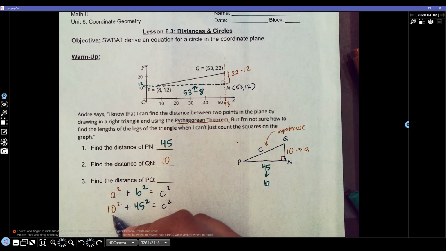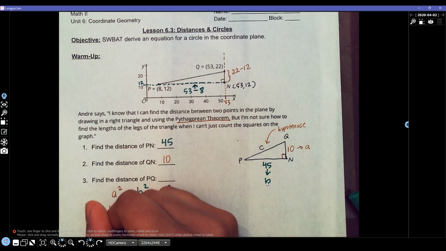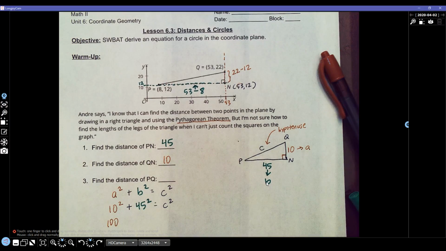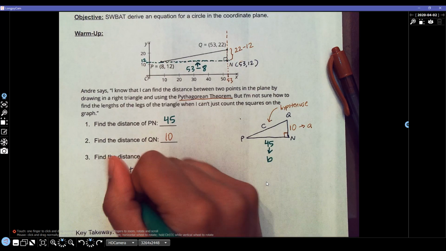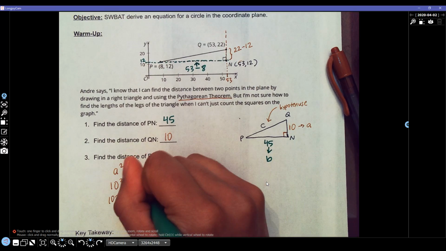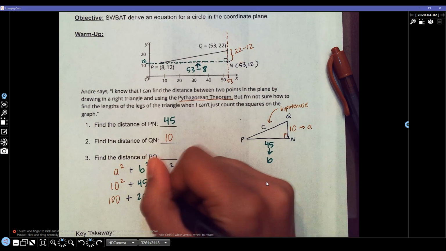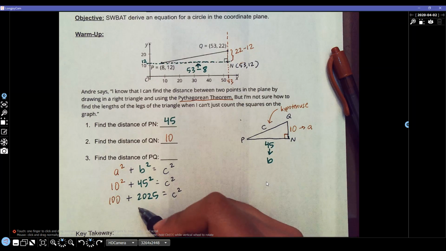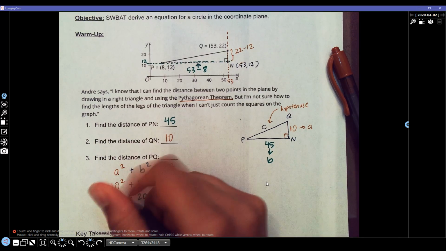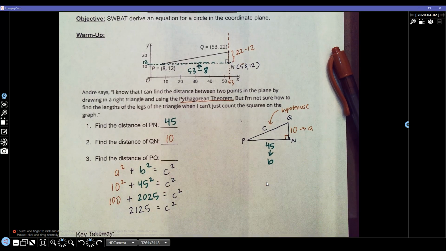So 10 squared is 10 times 10, which is 100. 45 squared, you can type that into your calculator. That is 45 times 45. It's going to be 2025, so 2025 equals our c squared. And then if we add up this side, 100 plus 2025, we end up getting 2125 equals c squared.